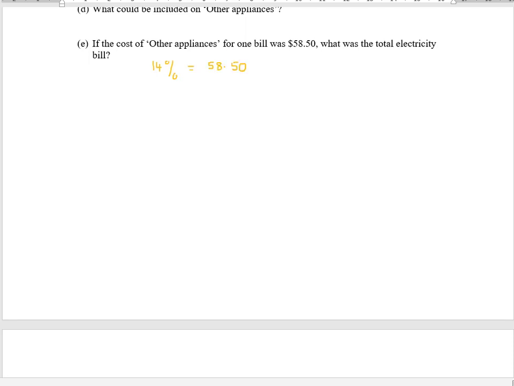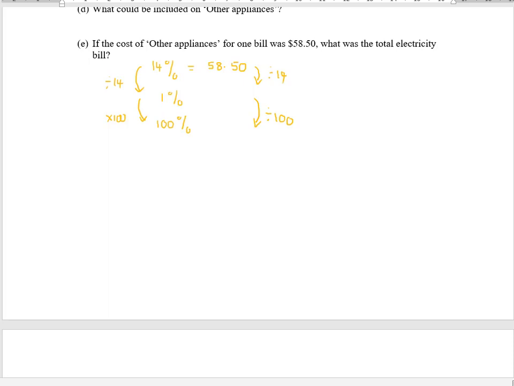And you can see where we're going with this, the same thing we always do. Our unitary method, we're going to get 1%. And we know that the whole bill is 100%. So we know that we're dividing by 14 and we're going to multiply by 100. And what I do to one side, I must do to the other. And this other side is the side that's going to give me my answer.